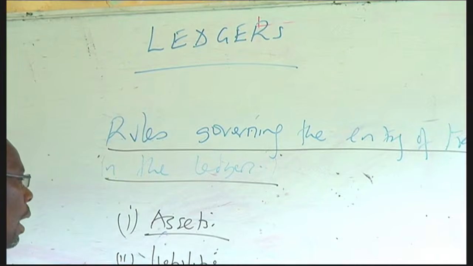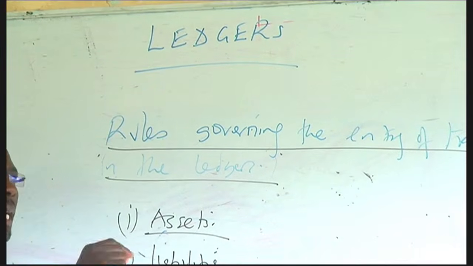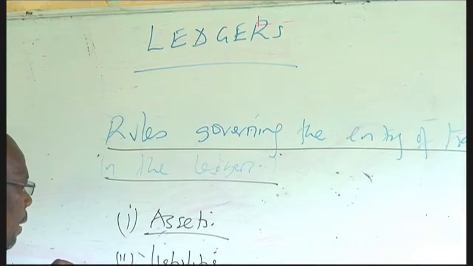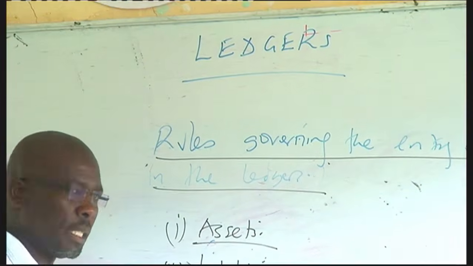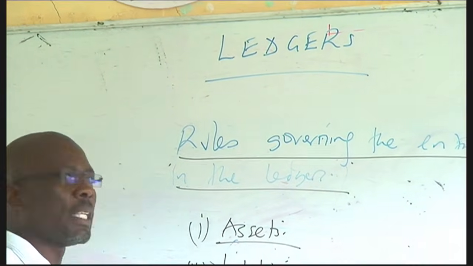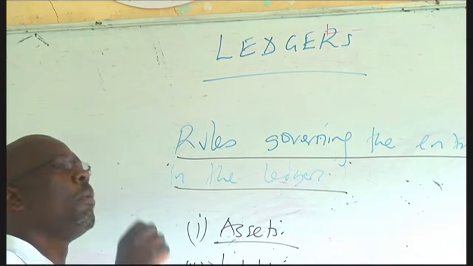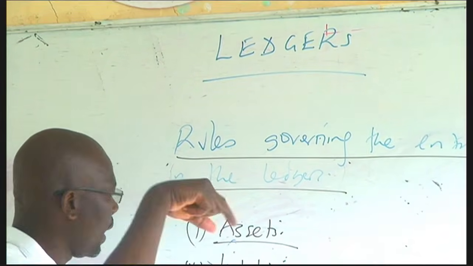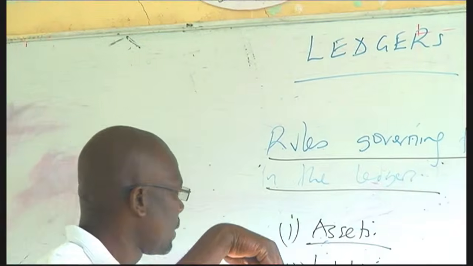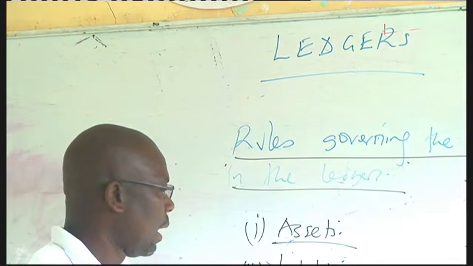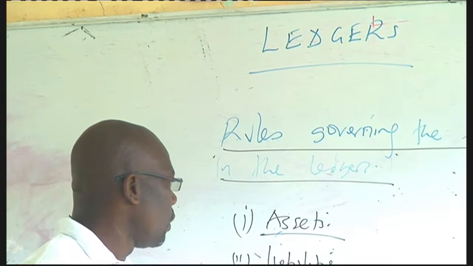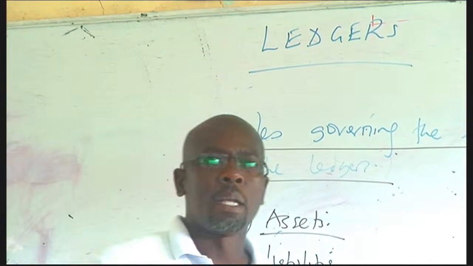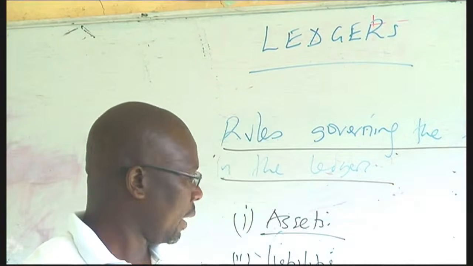So when you again take goods on credit, you are going to increase creditors. So that one is credited. But when you pay part of the creditors, you reduce creditors, and in that way you reduce liabilities, and that one will be debited in the ledgers.